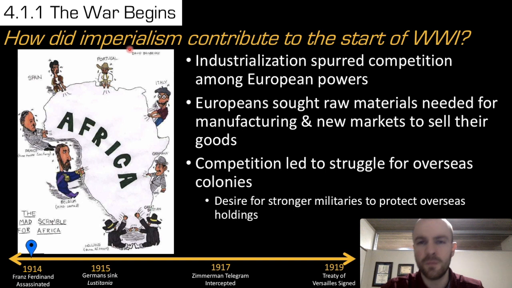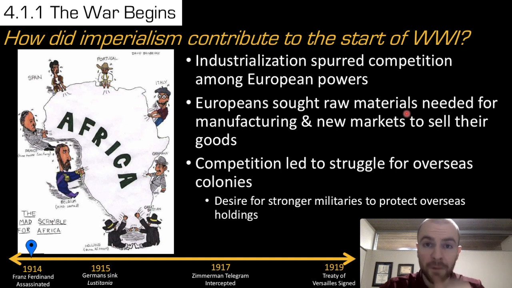So these countries are desiring to create a global empire. Why? Well, yeah, part of it is to demonstrate strength, but the main reason why European powers as well as the United States sought to create an empire was because they were seeking raw materials needed for manufacturing as well as new markets to sell their goods. And so let's start first with the raw materials part.